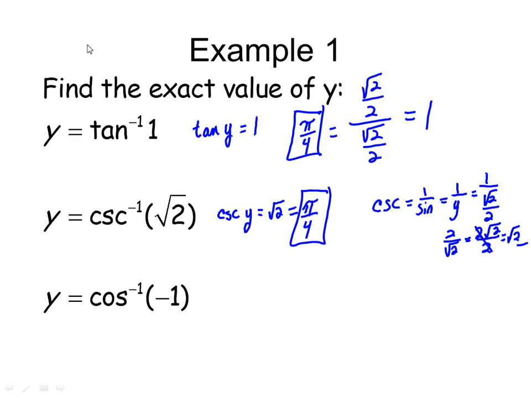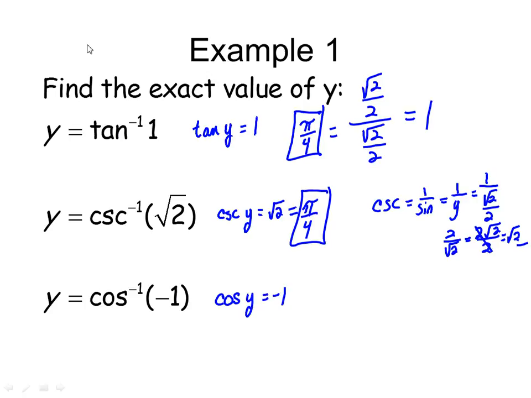Okay? See if you can do cosine inverse of negative 1. Now, we're not in a quadrant, and that's okay, and I'm going to show you why in just a second. Basically, you're asking yourself, cosine of what is equal to negative 1?